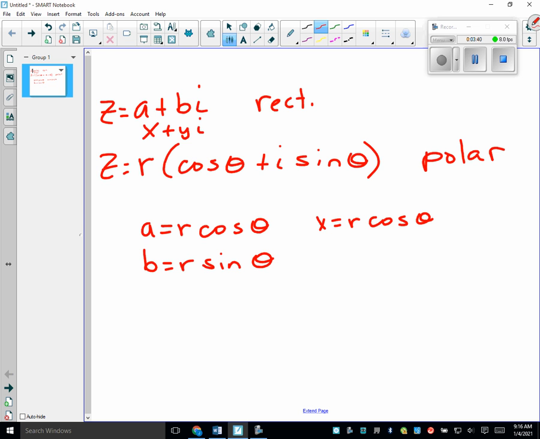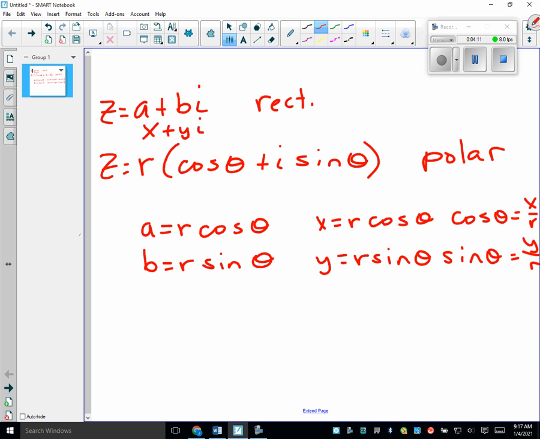No. Because would you remember when I said cosine theta is x over r? Yes. Working with the same thing. We're just putting it in a different form. So would you remember y is r sine theta? Or sine theta is y over r? Yeah.